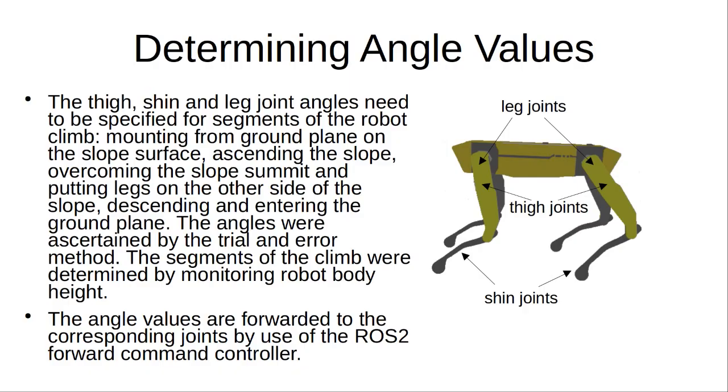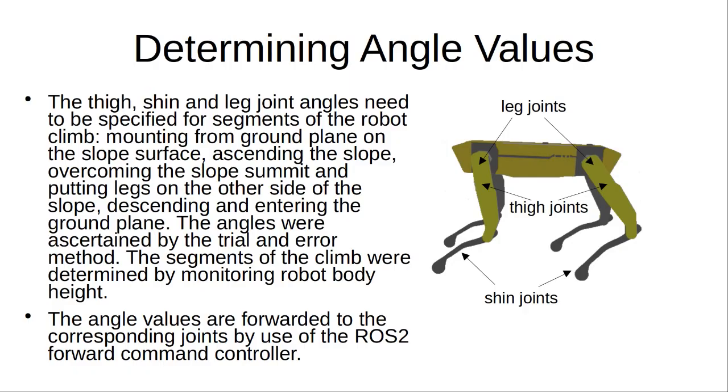The angles were ascertained by the trial and error method. The segments of the climb were determined by monitoring robot body height. The angle values are forwarded to the corresponding joints by use of the ROS2 forward command controller.